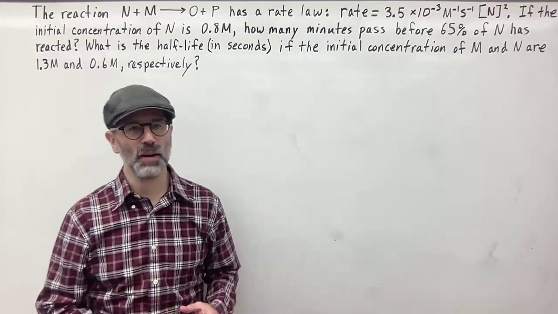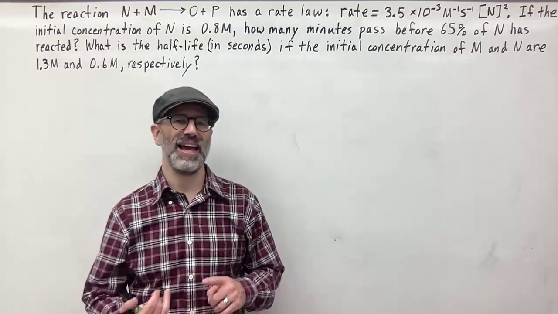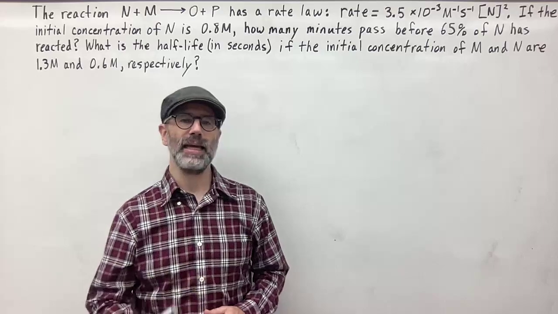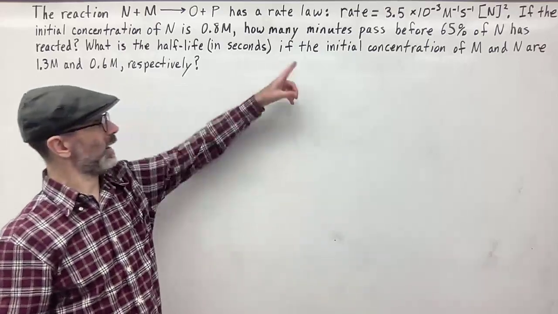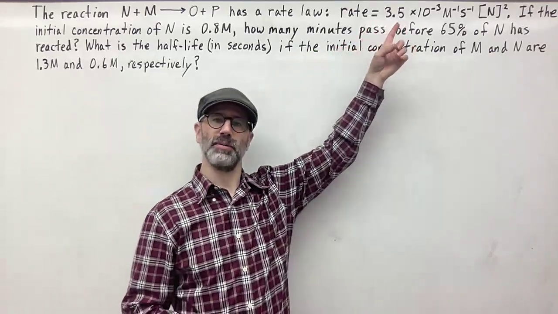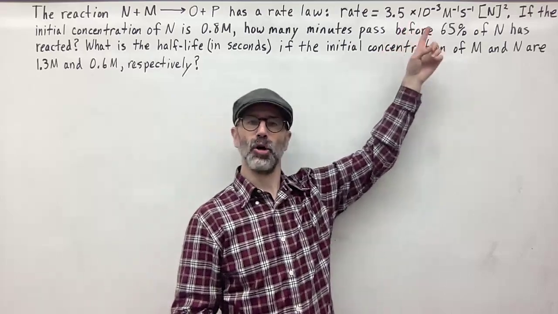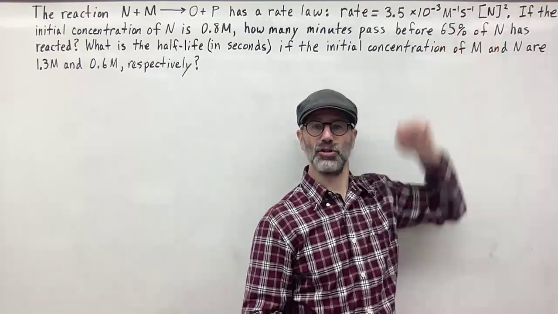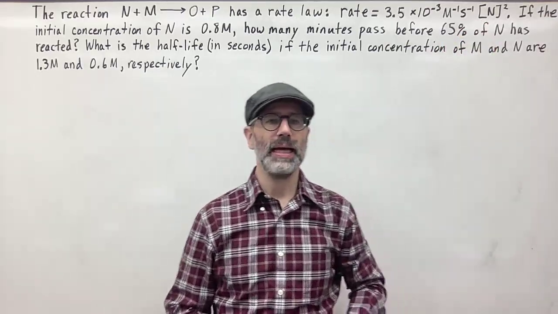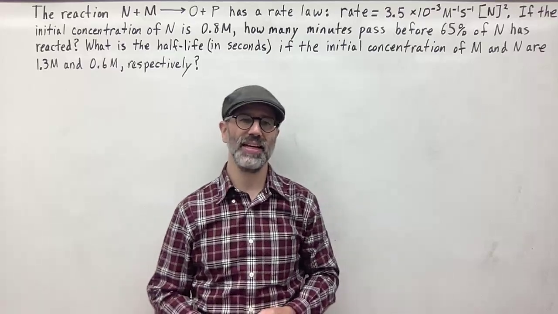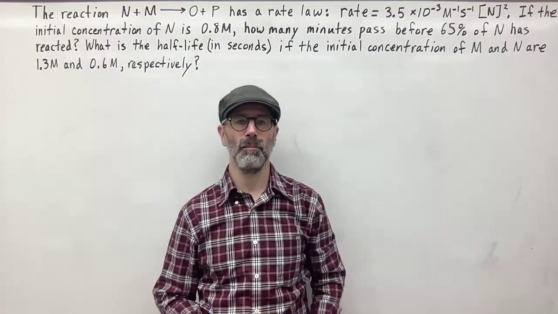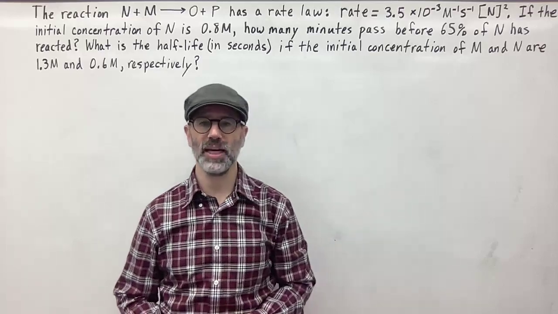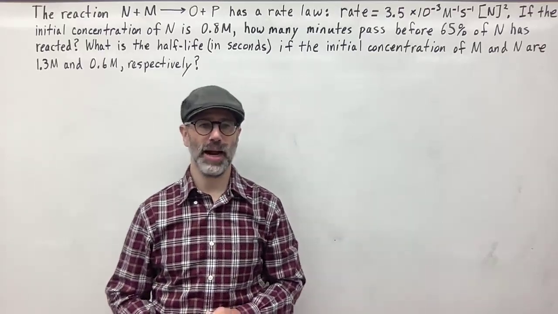Okay, so in this problem we have the reaction N plus M gives us the products O and P, and they give us the rate law, which is the rate is equal to 3.5 times 10 to the negative 3 per molar per second multiplied by the concentration of N squared. If the initial concentration of N is 0.8 molar, how many minutes pass before 65% of N has reacted?